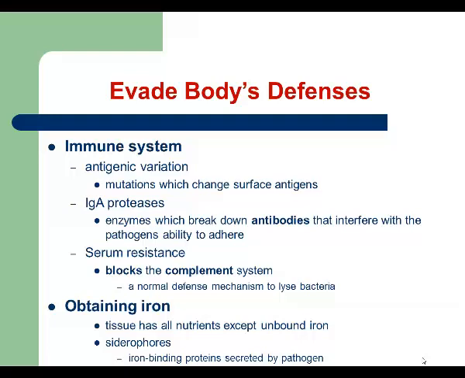We will talk about the complement system in one of our future lectures. It's a very large part of our immune system. It is a part of the second and third lines of defense. Some pathogens are able to block it, to actually prevent that system from working.